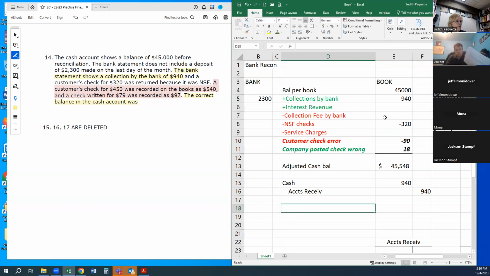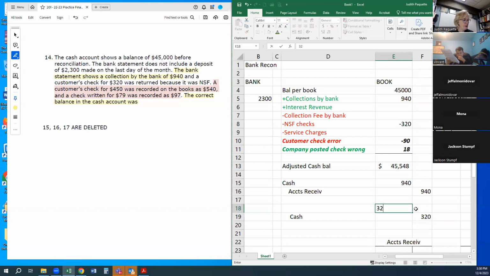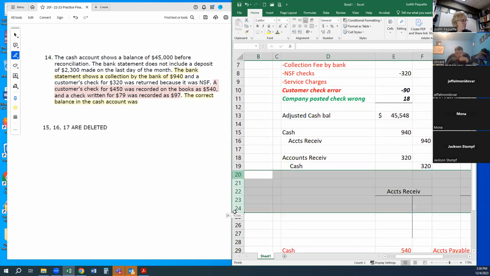Okay. We don't have interest revenue. We don't have collection fee. NSF check, cash is going down. So it's going to be a credit to cash of 320. And the debit will be, in this case, it's a customer check. So it's also going to be accounts receivable. Okay. Customer check error. It's a credit to cash because it's negative.